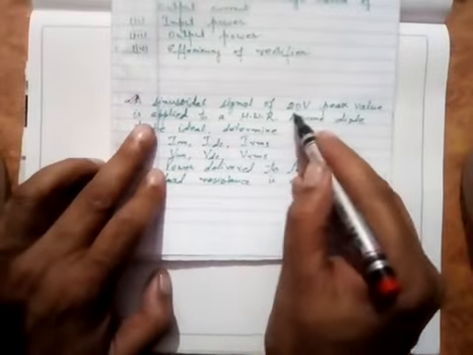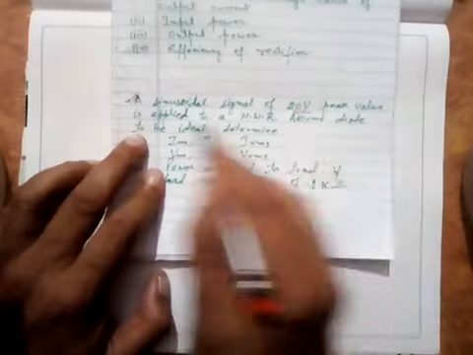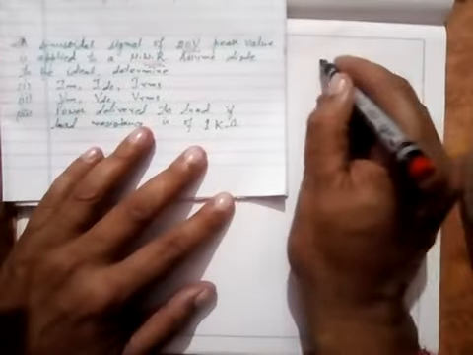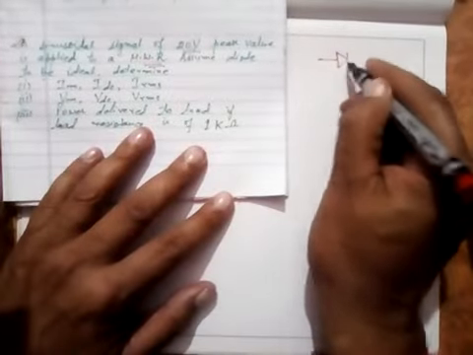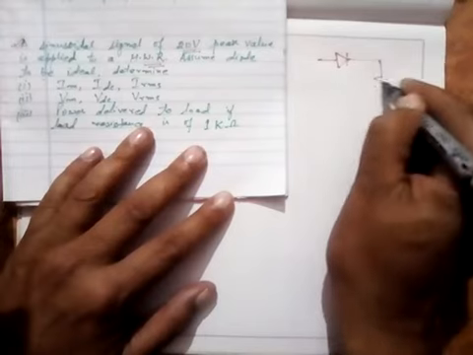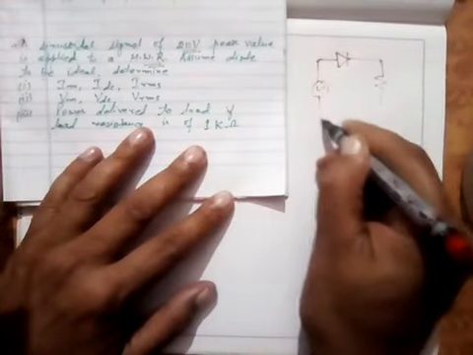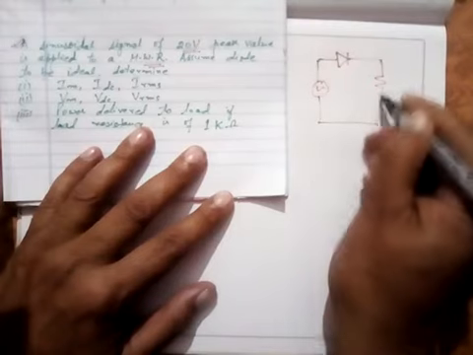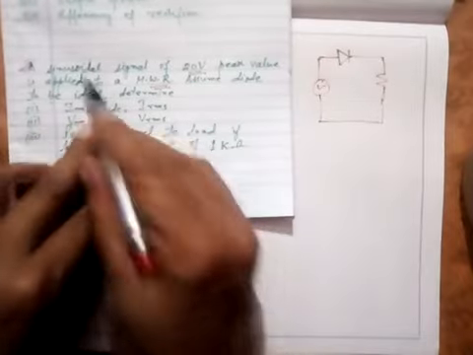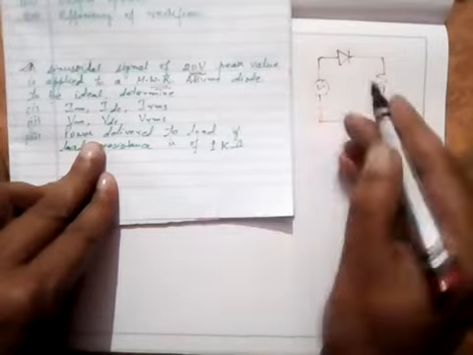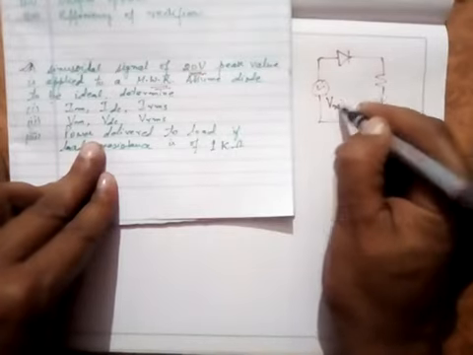A sinusoidal signal of 20 volt peak value is applied to a half wave rectifier. Assume the diode to be ideal. So if it is a half wave rectifier, I am drawing the circuit. It says this is a sinusoidal voltage of 20 volt peak value, means Vm is equal to 20 volt.